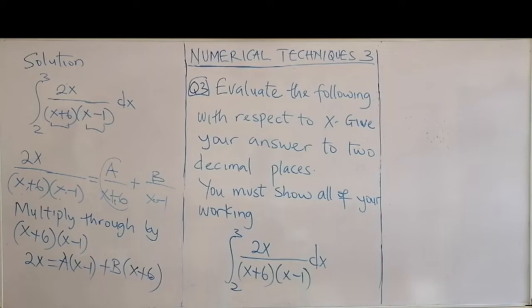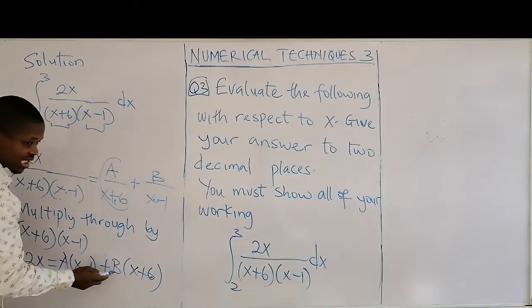Our goal is to get the values of A and B. How do we do that? We find a way of cancelling certain expressions so that we can get the constants.